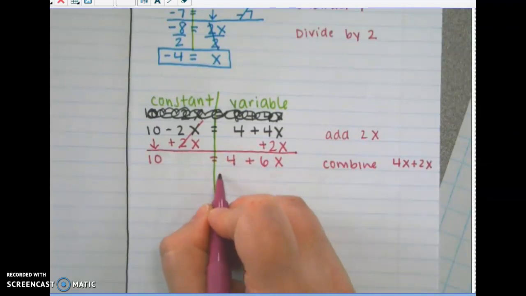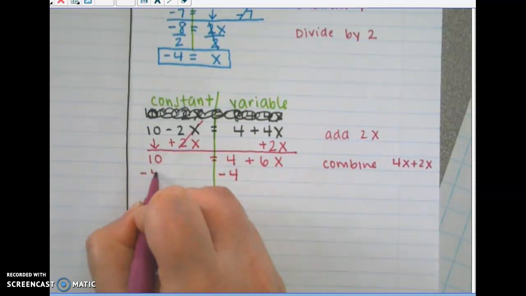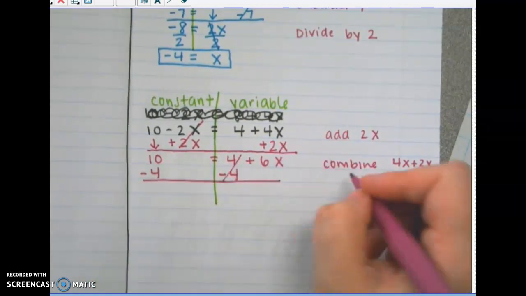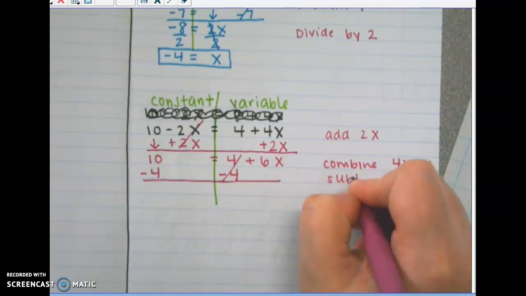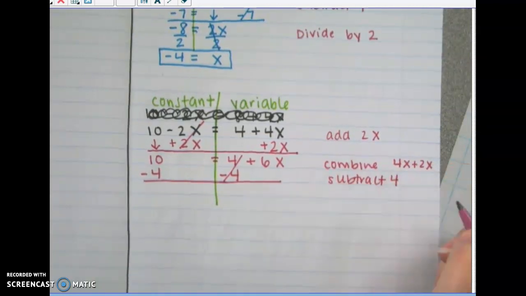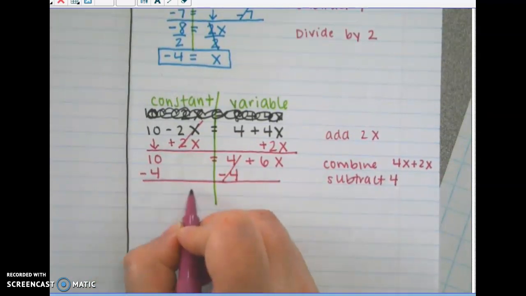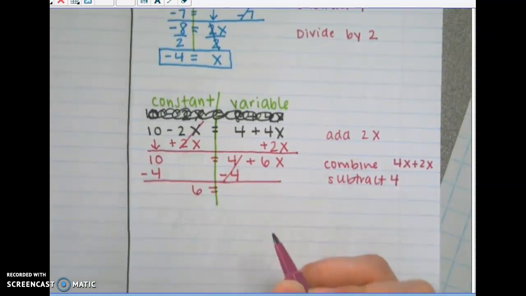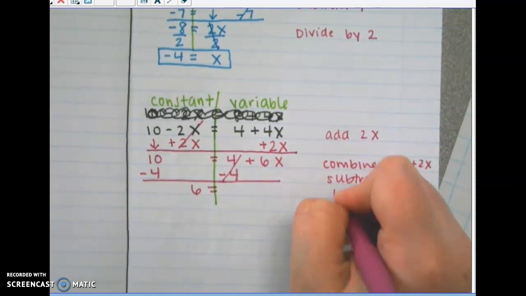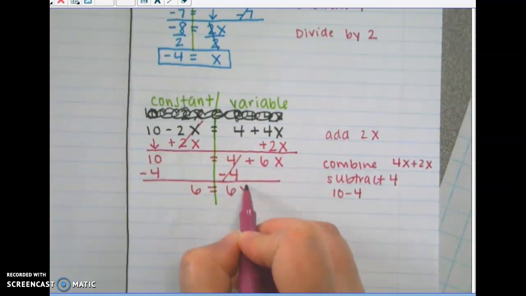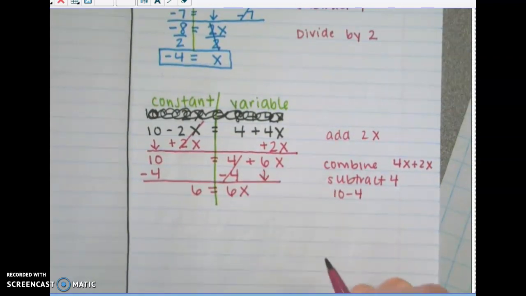So a positive 4, I'm going to need to subtract to cancel it out. All right, I have to combine over here. 10 minus 4 is 6. And I'm just going to move it closer because it's already pretty far away from the equal sign. And my variable side, I'm just going to bring down that I had a 6x.